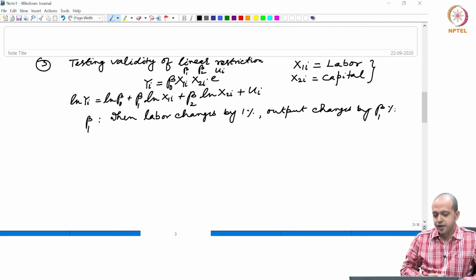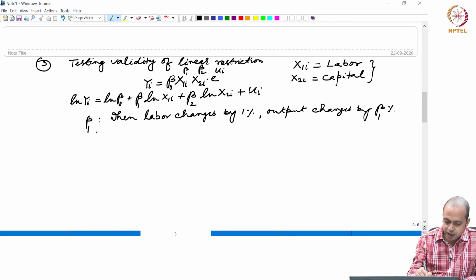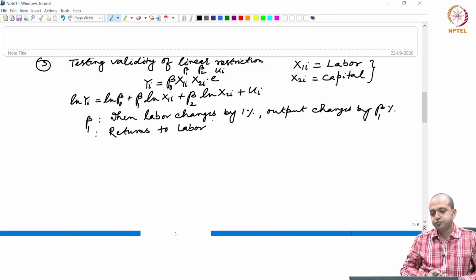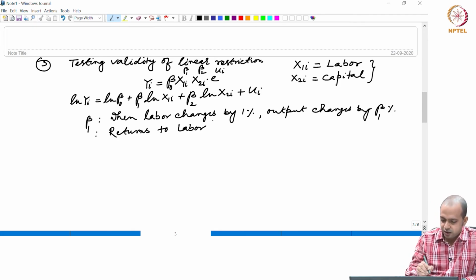Okay, direct elasticity measure, and we have also denoted beta 1 as returns to labor, okay, returns to labor.